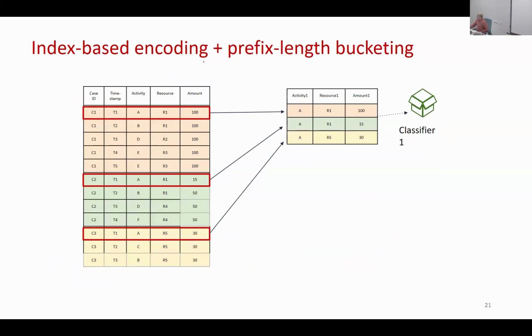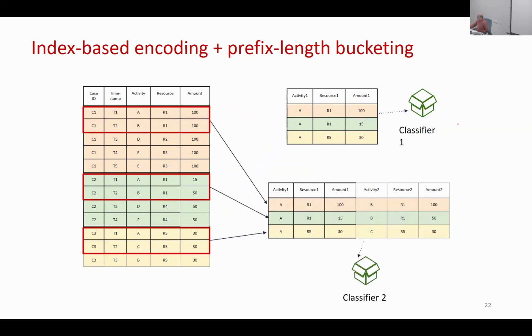If you use prefix length bucketing followed by index-based encoding, you will take all the prefixes of length 1, this one from this case and this one from the third case, and you will build a classifier for it. Encoding prefixes of length 1 using index-based encoding is relatively simple.